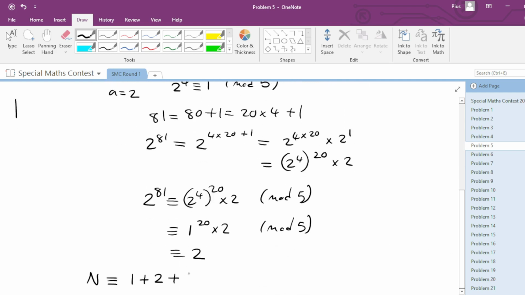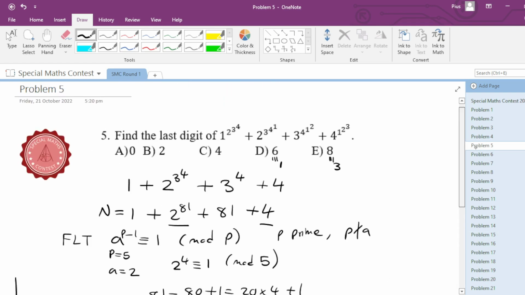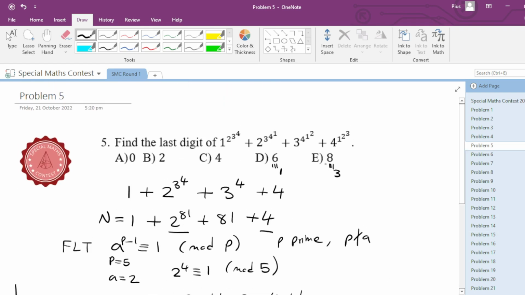So this is 1 plus the last one, which is 4. So this is congruent to, if we add all this up, we get 8. And 8 is the same as 3 if we are looking at mod 5. So this means that it must be the option congruent to 3, which is actually 8 itself. So we get this option.